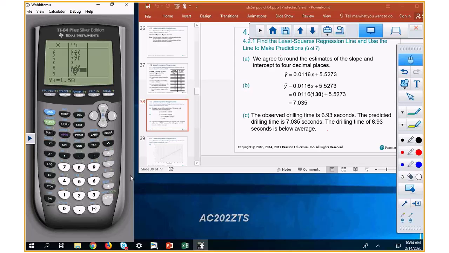And what's the number for 7? 1.58. Let's say we wanted to find 10. What starts to go into another quadrant at 10? Starts going to the bottom quadrant. So you can use the prediction. You can use the second graph, which is table. See table right above? I don't know if y'all can see that or not. Look on your calculator. The table is where you find your predictions. So make sure you make a note of that, because that's what they're asking right here. See, that's a prediction.